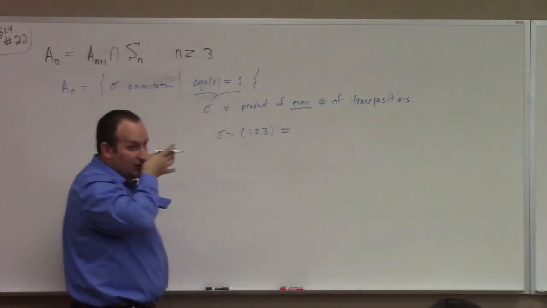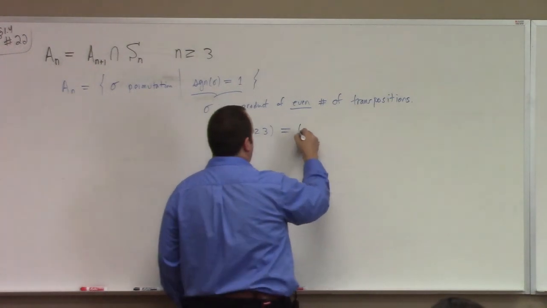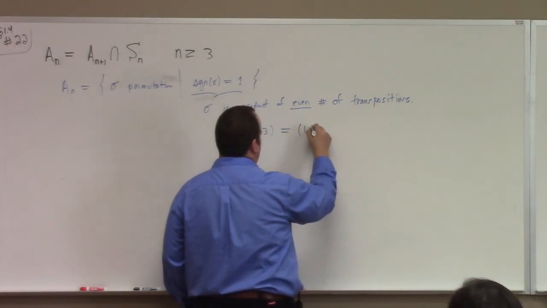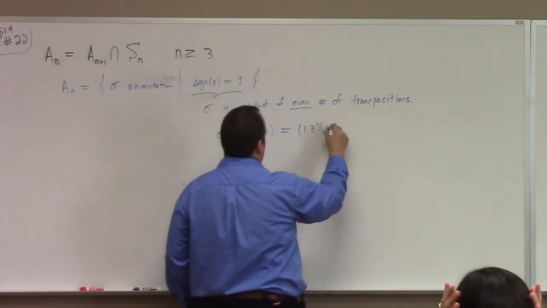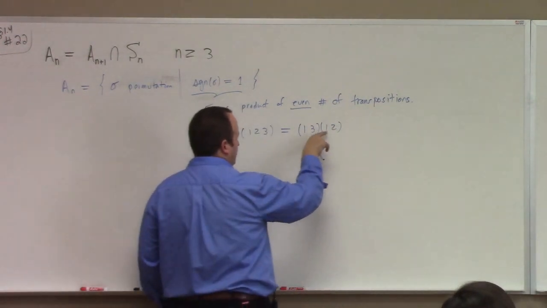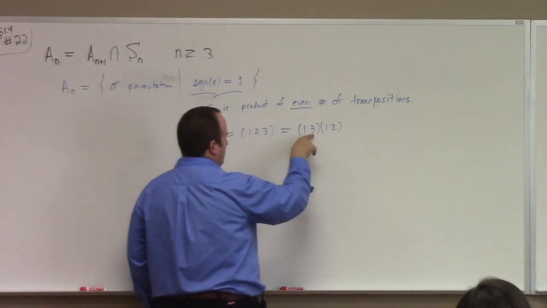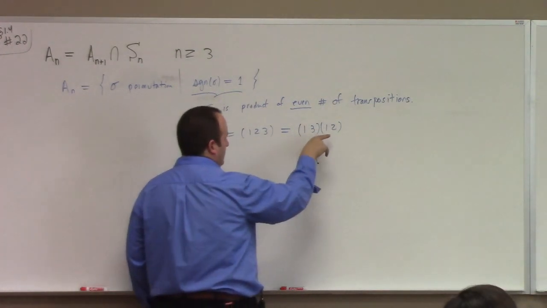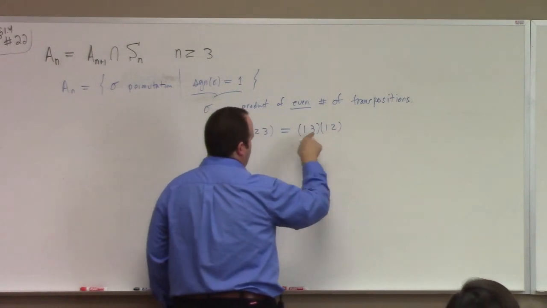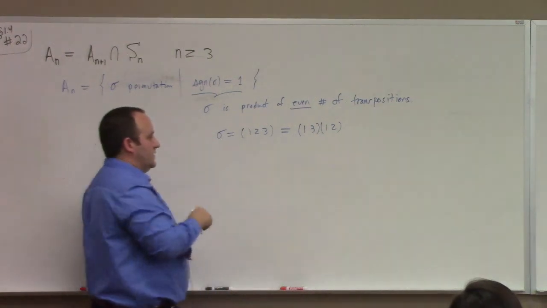How can you rewrite that as a product of transpositions? What was the trick? Was it (1 3)(1 2)? Is that it? I can't remember. Did that work? 1 goes to 2. Okay. 2 goes to 1, goes to 3. 3 goes back to 1. Yeah, I think those are equal.